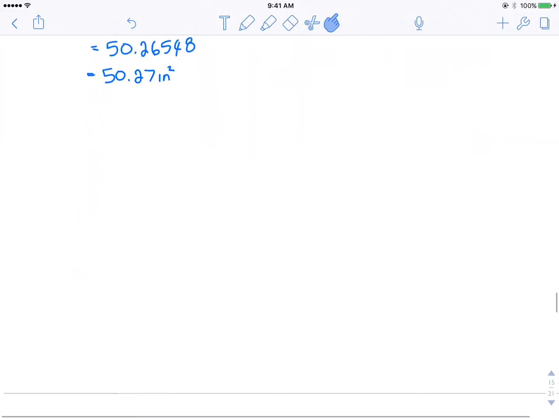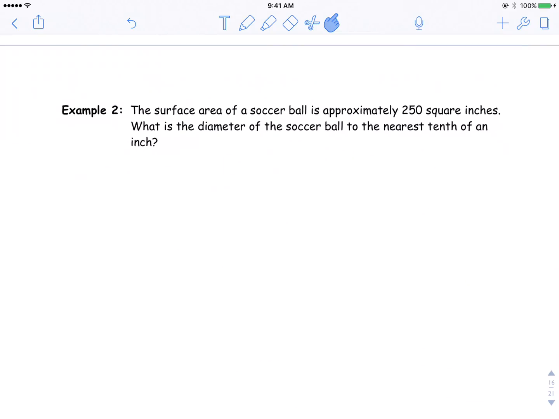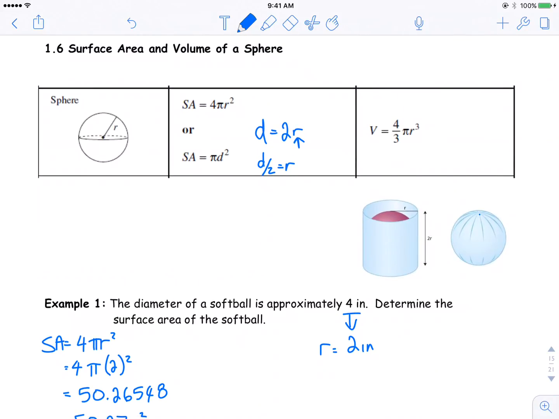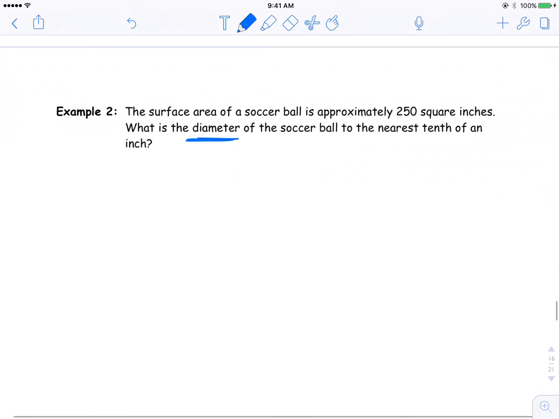Now, example number 2, we work that formula backwards. Surface area of a soccer ball is approximately 250 square inches. What's the diameter of the soccer ball to the nearest tenth of an inch? With this question, I'll work with the diameter because I know that's where we need to end up, and I do have the formula right here, so it's not hard for me to forget what it is. So surface area is equal to pi times diameter squared.